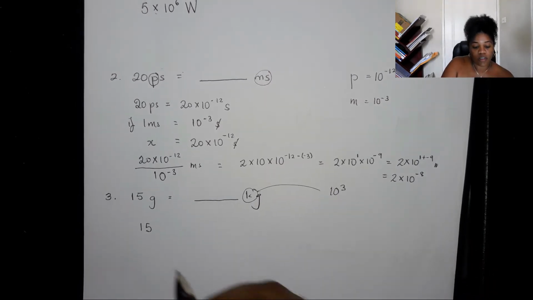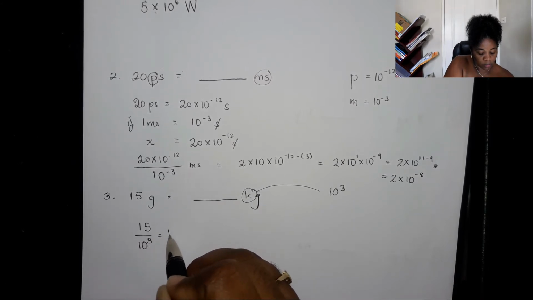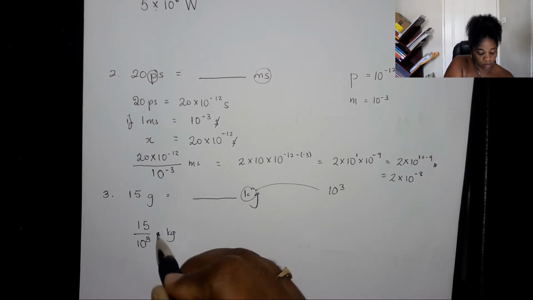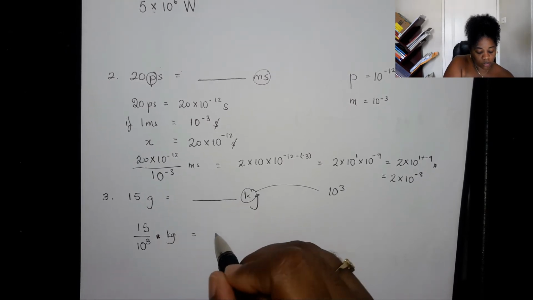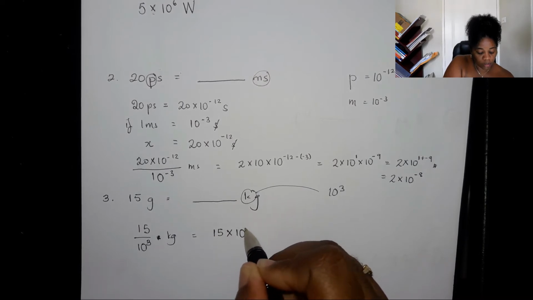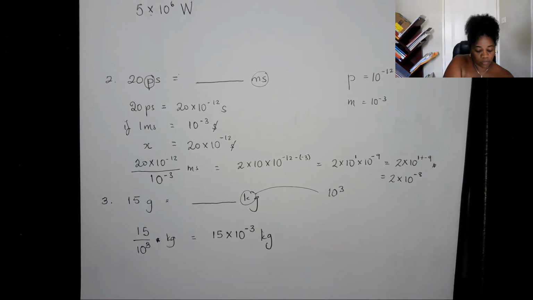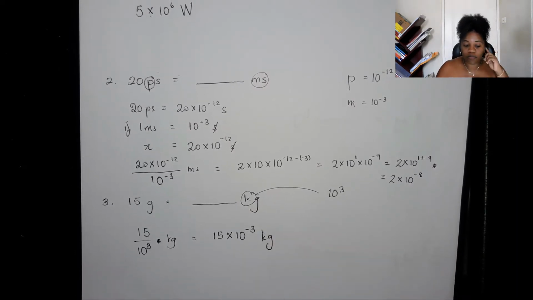So since you divide, it's 15 divided by 10 to the 3 kilograms. And so this will be 15 times 10 to the negative 3. We bring it up. Understood?